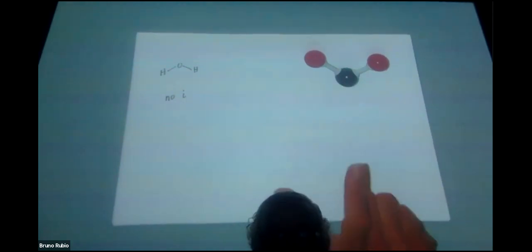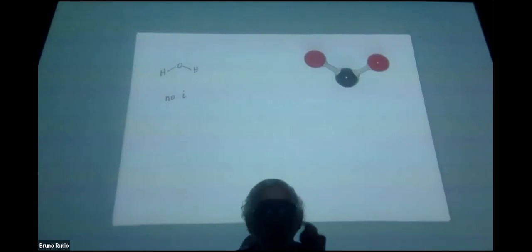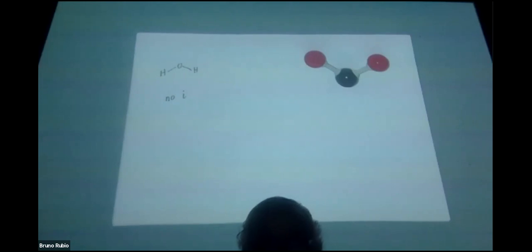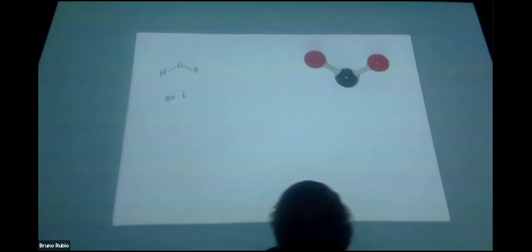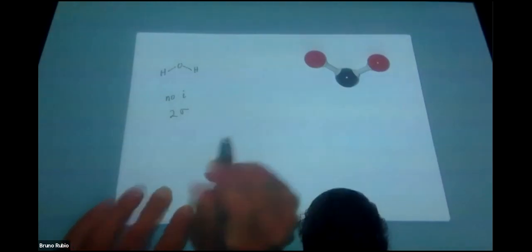Because I'm telling you that a molecule can have multiple planes of symmetry. How many planes of symmetry does the water molecule have? Yeah, water has 2 planes of symmetry. And so we denote that as 2 sigma.